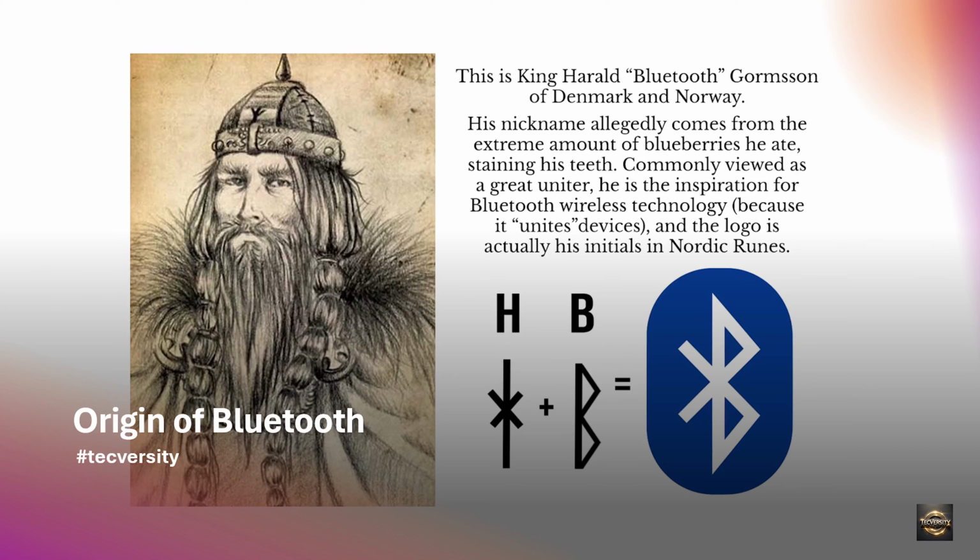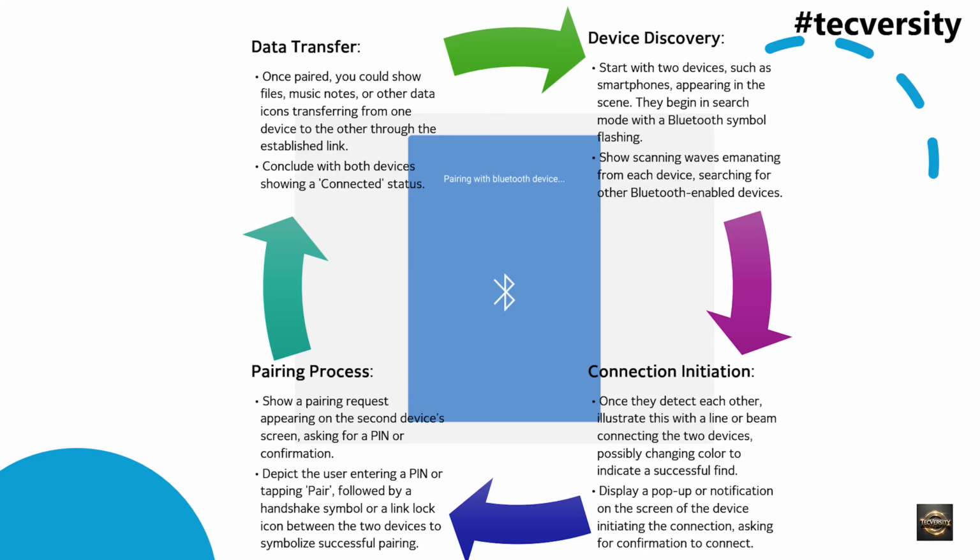So let's understand the technical part of Bluetooth. As we know, when we try to connect two devices which have Bluetooth functionality, we have to turn on Bluetooth. As soon as we turn it on, it tries to discover devices. Each device may have a unique name, or it could be the same name, so we never know.